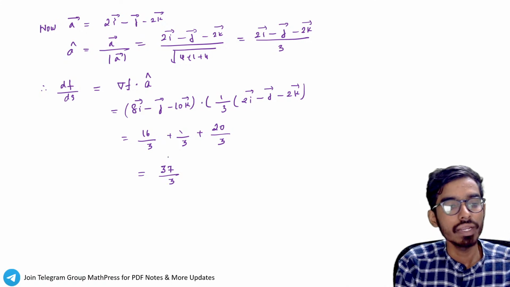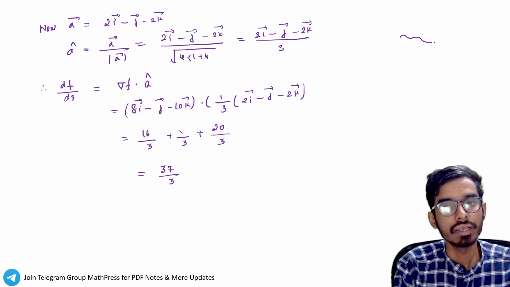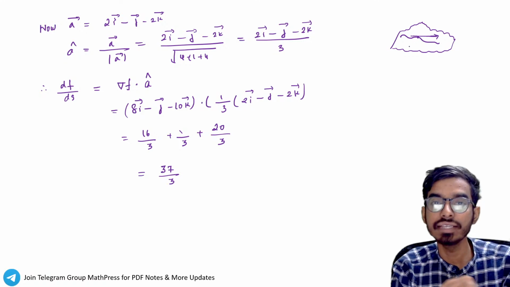And also what we can infer is, suppose you have a surface here, and you are finding the directional derivative at this point in the direction of some vector. Suppose this directional derivative is positive, then you can also say that it is an increasing function.